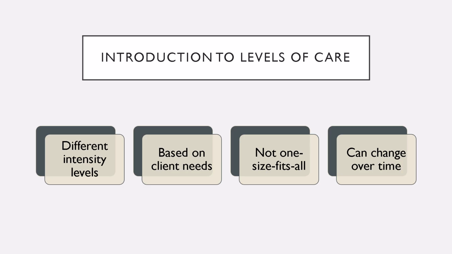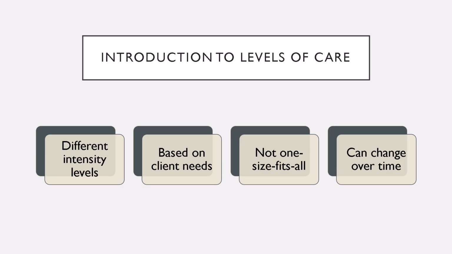It's really important to understand that levels of care are not fixed. A client may move between levels based on their progress or their setbacks. I've seen some people in partial hospitalization drop down to an intensive outpatient and then have to go right back to detox. So this is why ongoing assessment is critical. As counselors, we need to be comfortable adjusting recommendations as needed.